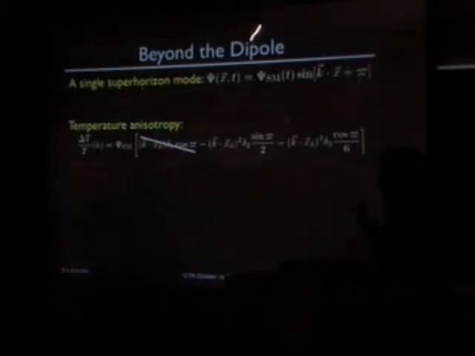You can work out an expansion in higher orders of those terms. Now, we've already seen that the dipole term is gone, but we're left with the quadrupole and octupole terms that we want to translate into multipole moments, a_lm. And we're going to be working in a frame where the z-axis is aligned with the asymmetry and aligned with the superhorizon mode defined by this k value. When you do that, yeah?